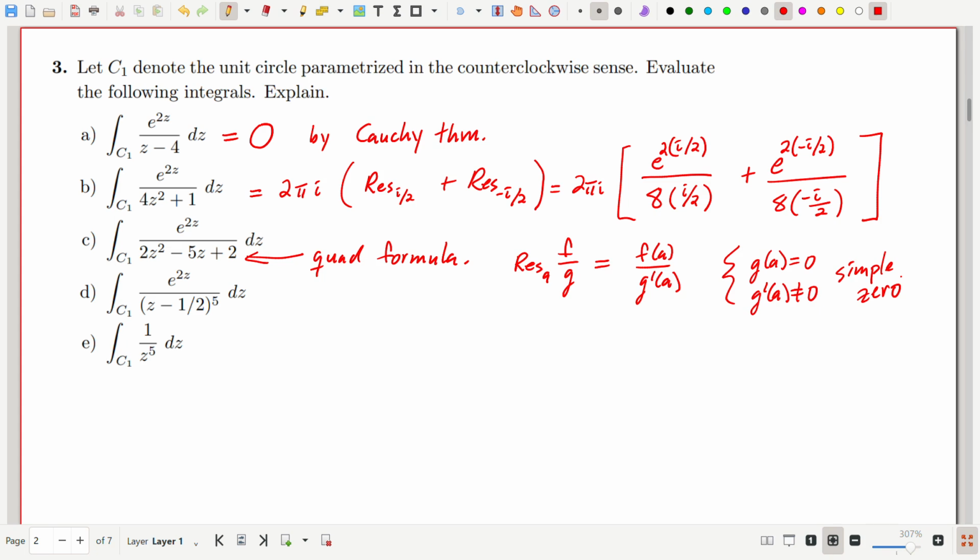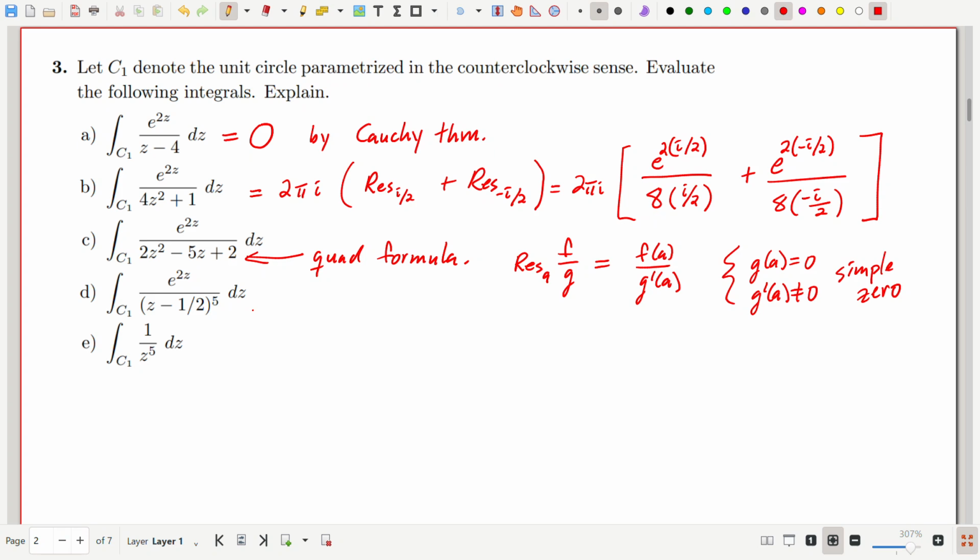So it's kind of screaming to use the higher order Cauchy theorem, but I could use the residue theorem here. I could expand e to the 2z in a power series about z equals 1/2, and then distribute that through and figure out which term would be the residue term and do it that way. So the residue theorem would work here just fine.